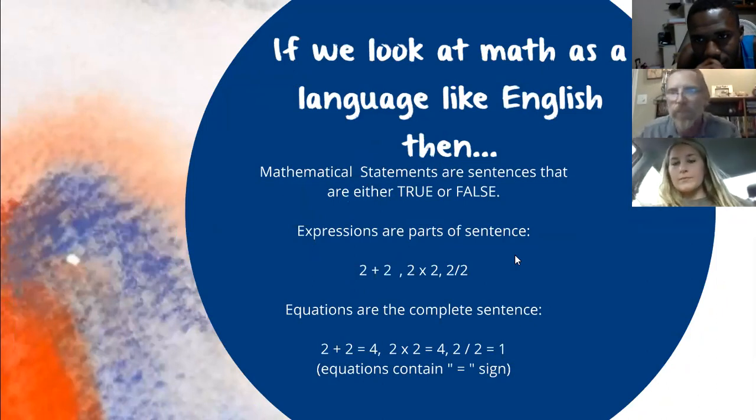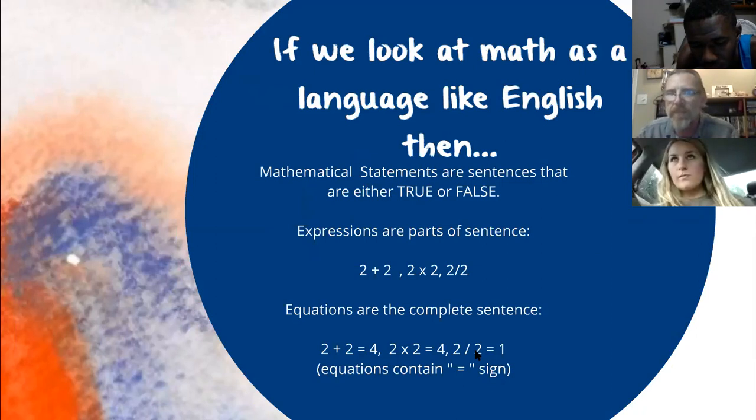Well, that's what the expressions are. They're pieces of it. Once we put the equal sign in there, and then something on the other side, that's what gives us our complete sentence. Does that make sense? So equations are a complete sentence, and expressions are the fragments.